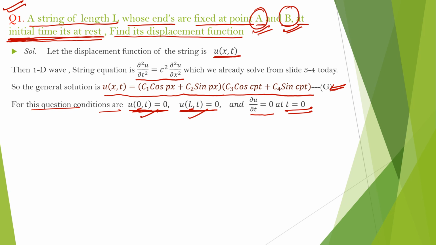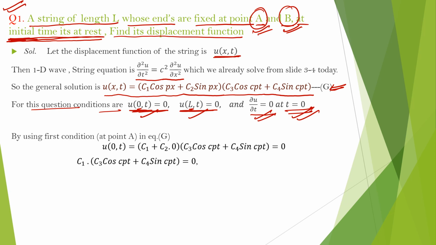So at initial time, when t is 0, del u by del t is equal to 0. Now substituting the first condition, when x is 0 in equation G, we get u(0,t) is equal to c1 cos c2 into 0, times (c3 cos cpt plus c4 sin cpt).